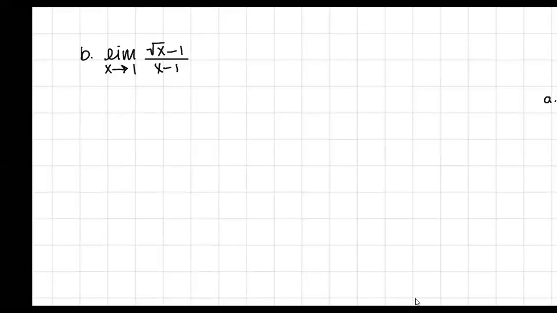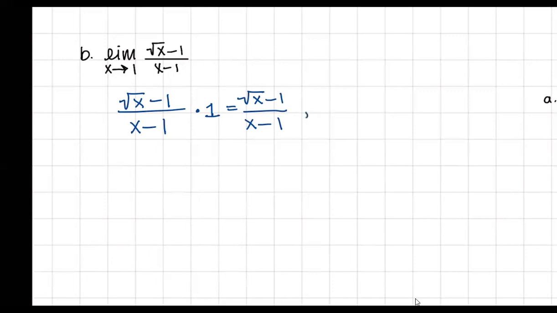So I would like to say that the square root of x minus 1 divided by x minus 1 times the number 1 is equal to the square root of x minus 1 divided by x minus 1.